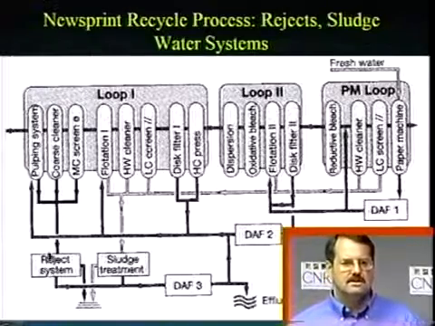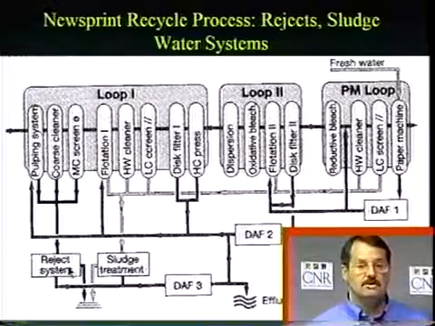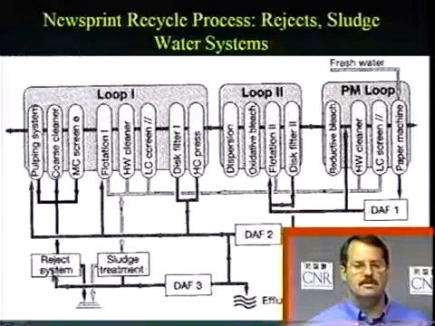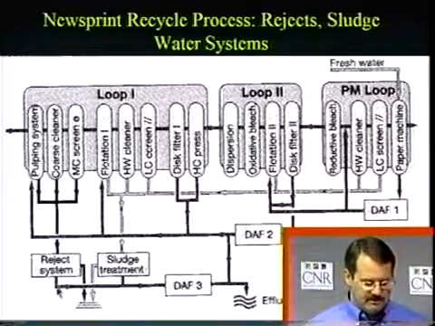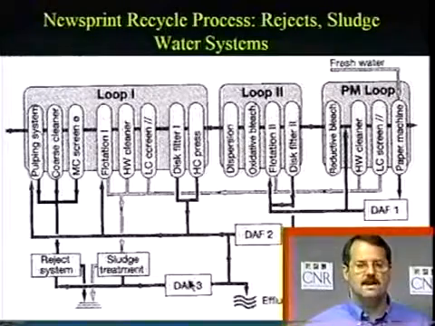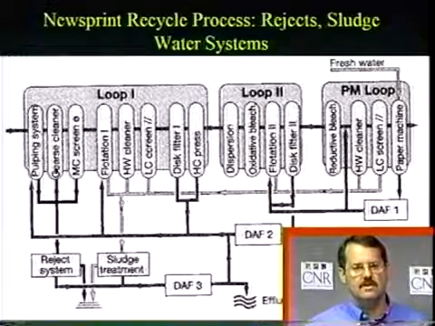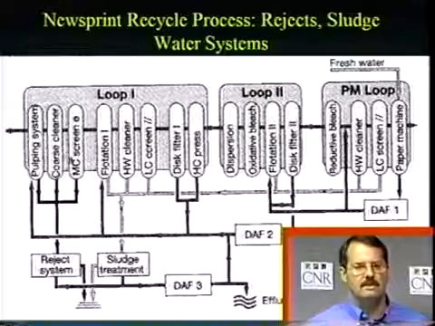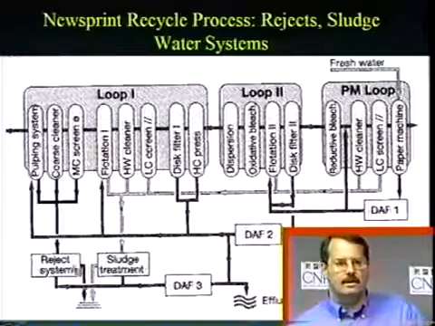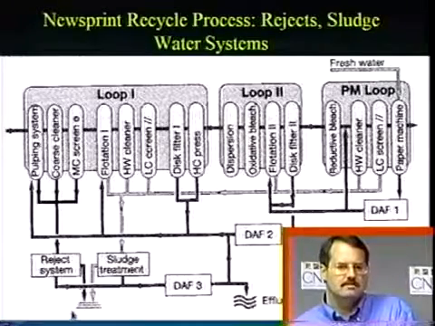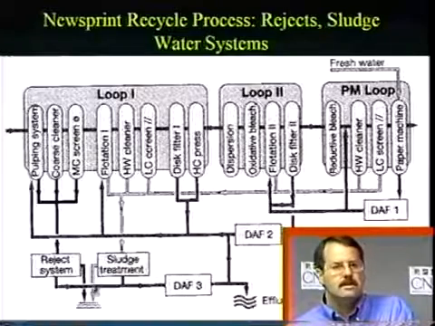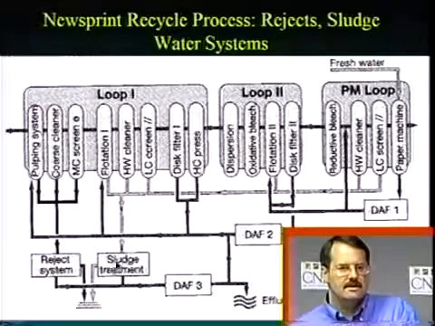This reject system, because these materials are pretty free-draining, some water will be drained off, and that water will go to the DAF3, and that will be pretty dirty water because it's coming from the dirtiest area of our paper recycle mill. And then the rejects will be disposed of.